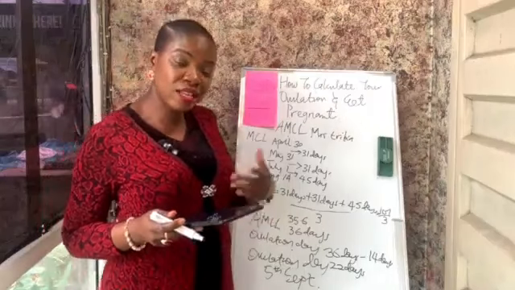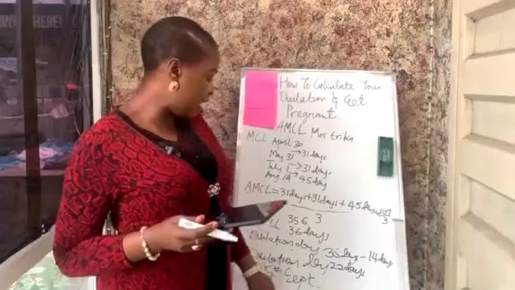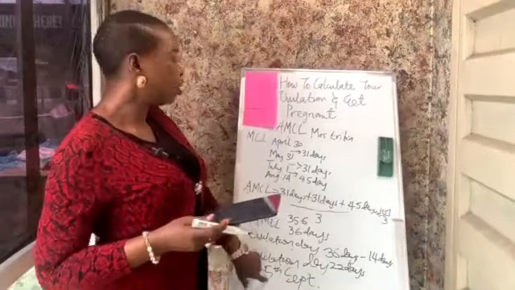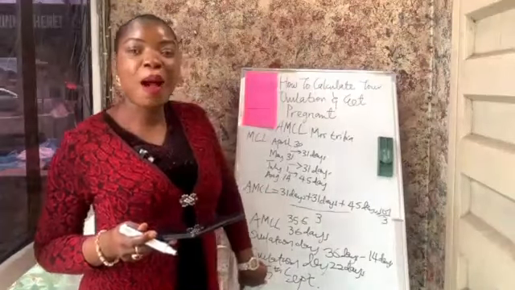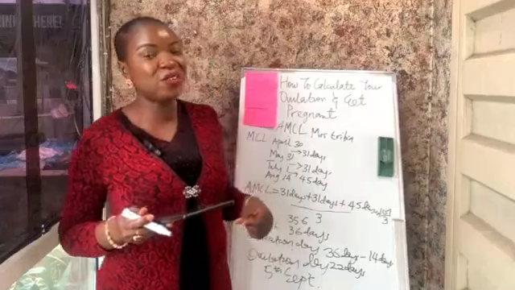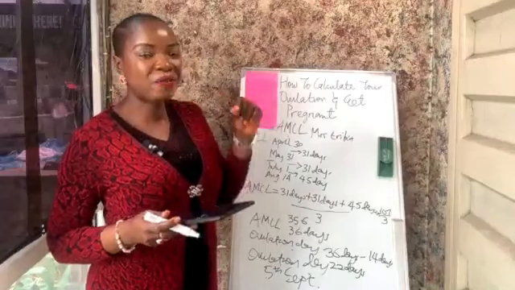Did you get that? So for her now, her ovulation day is September 5th. So congratulations to you, Mrs. Erica. Your ovulation day is September 5th.